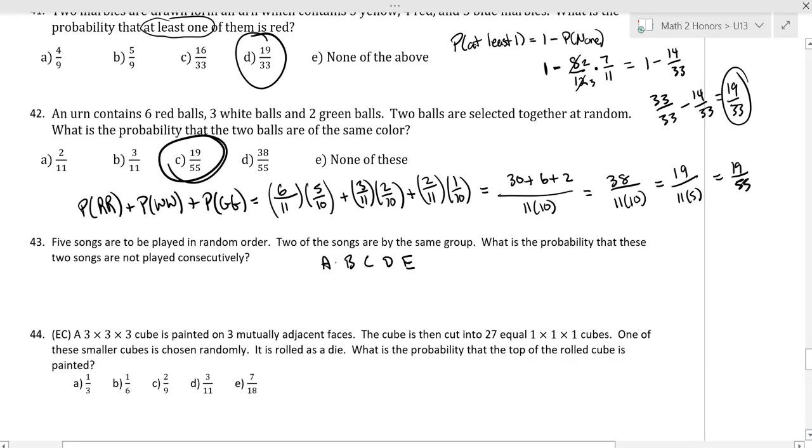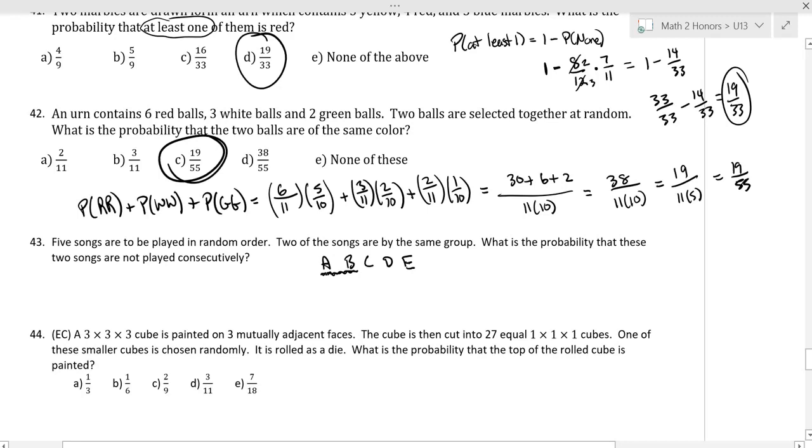So let's say A and B are played by the same group. So those are the 2 that are from the same group. So if we play song A somewhere in this set, we don't want to play song B next. Or if we play song B first, we don't want to play song A next, right?